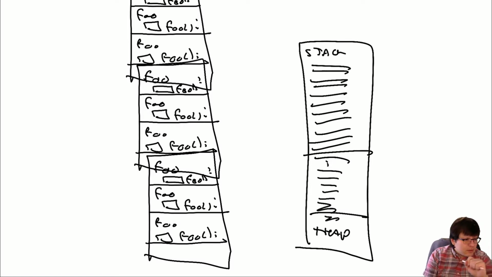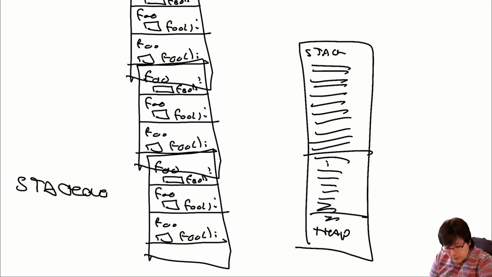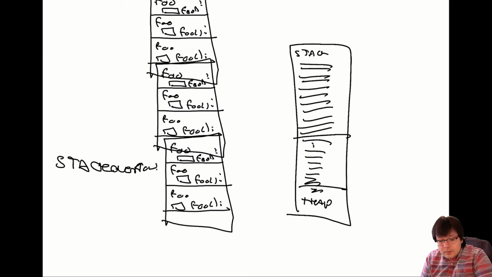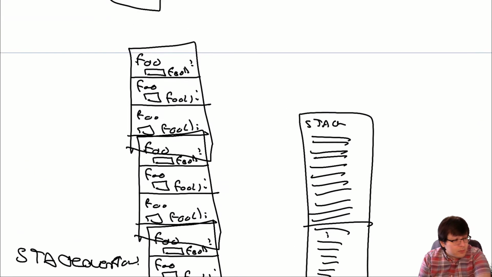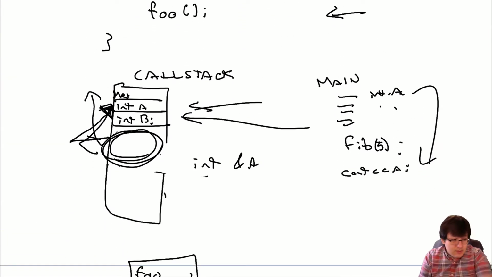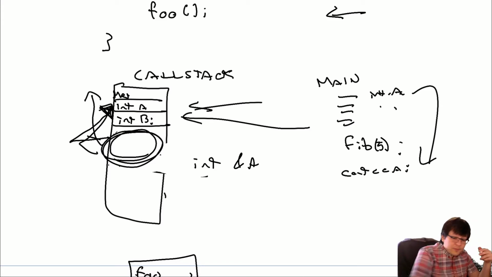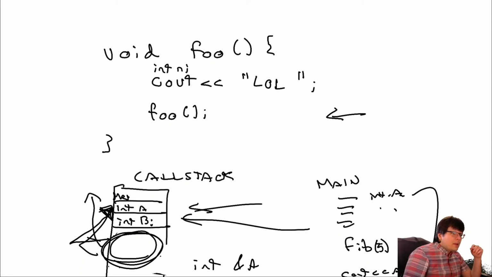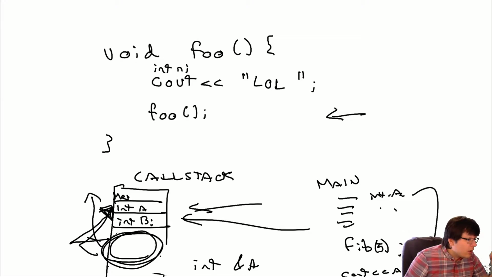What happens then is the term that we love, which is stack overflow. That's one of the big problems with recursion: when you call yourself and there's no way to stop it, it's just going to keep making more and more instances until it runs out of memory.